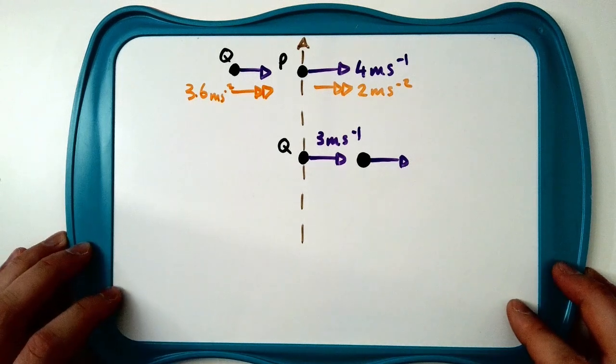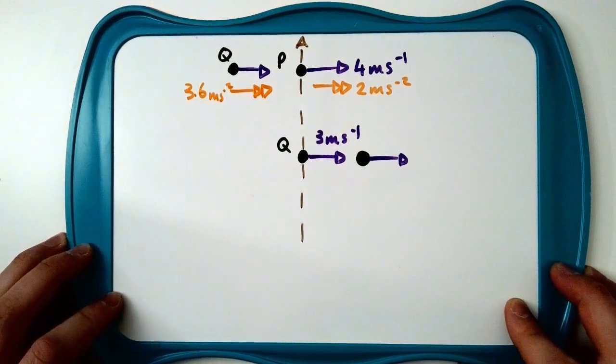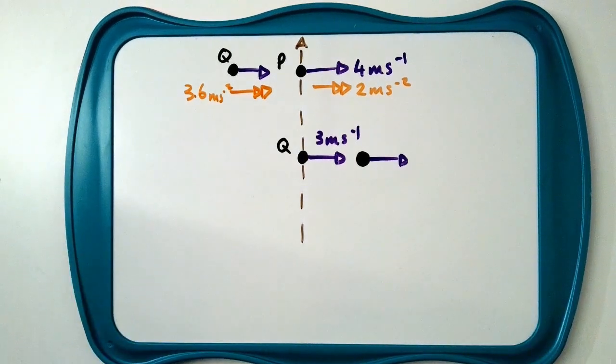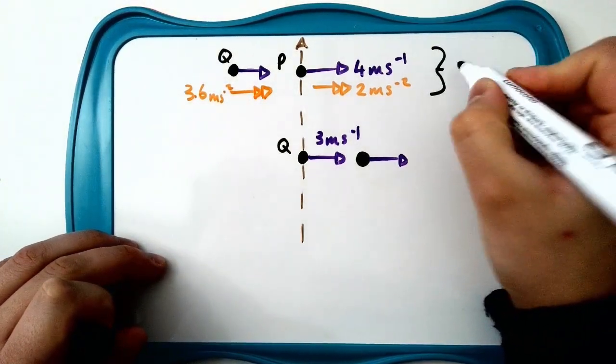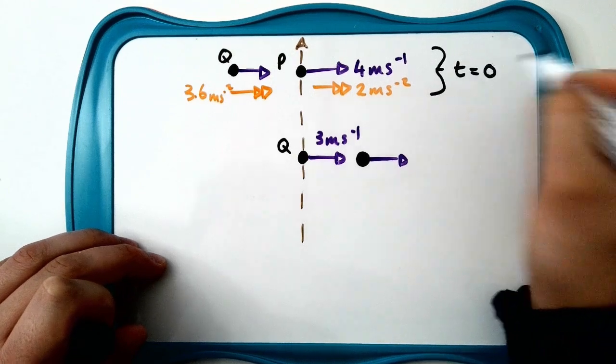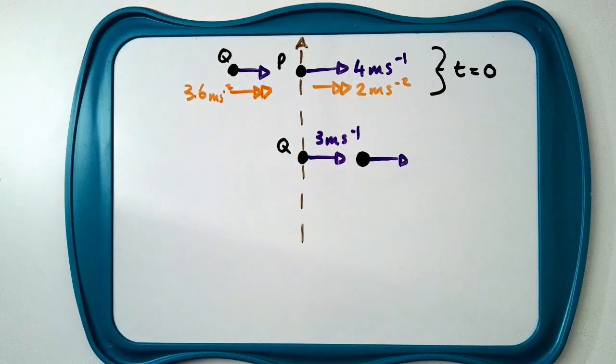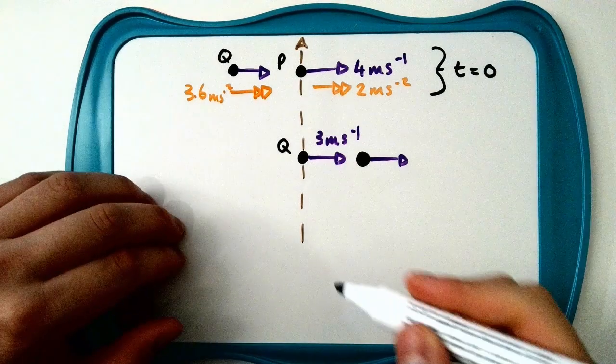So now we've got the information all converted to the paper, we can have a look at what is going on. Let me just add another detail. This is when t equals 0, and it's important for us at this point to remember the third bullet point in the SUVAT checklist, which is frame of reference.